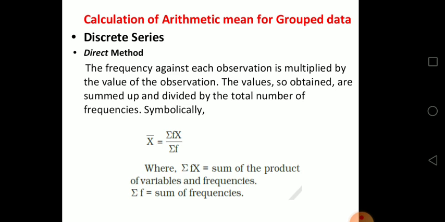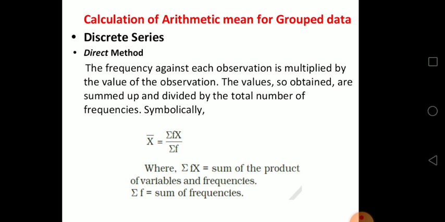We are also looking at the calculation of arithmetic mean for grouped data. We've talked about ungrouped data, and as I have said, grouped data have their observations classified already. They've been assigned classes.